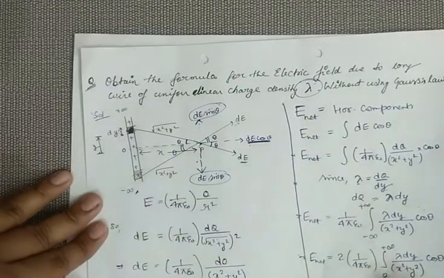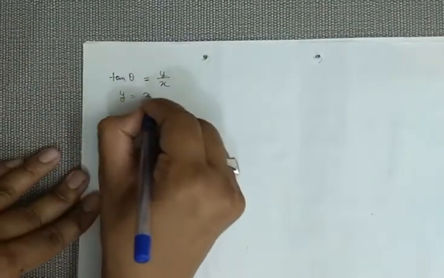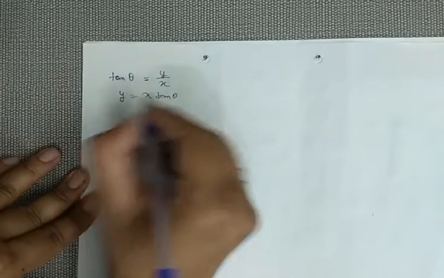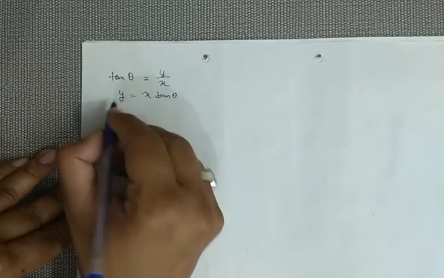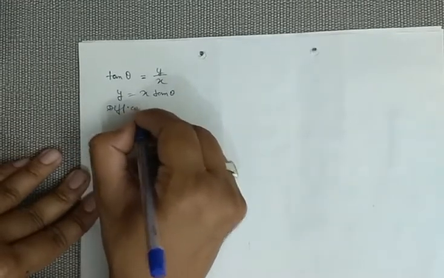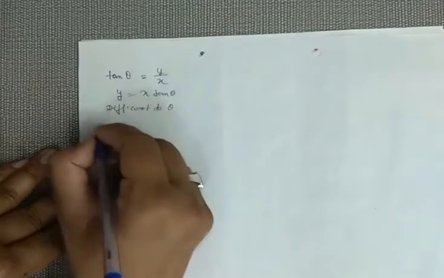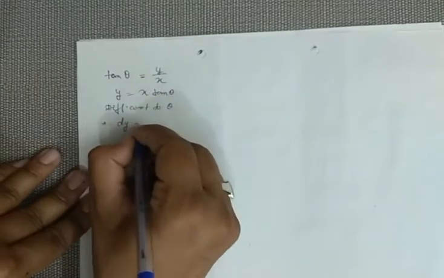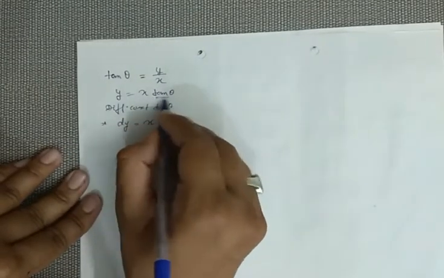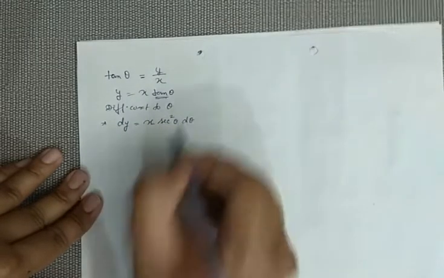So y is x times tan theta. But we actually need the value of dy, so we just differentiate it. On differentiating with respect to theta, you will get dy is x times the differentiation of tan theta, which is sec square theta d theta.